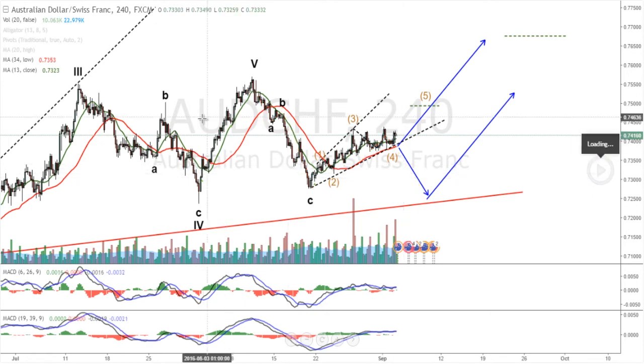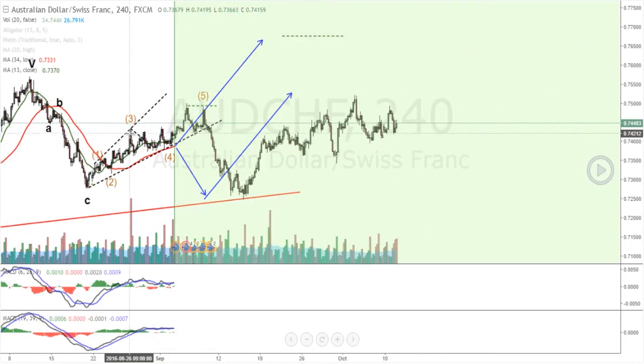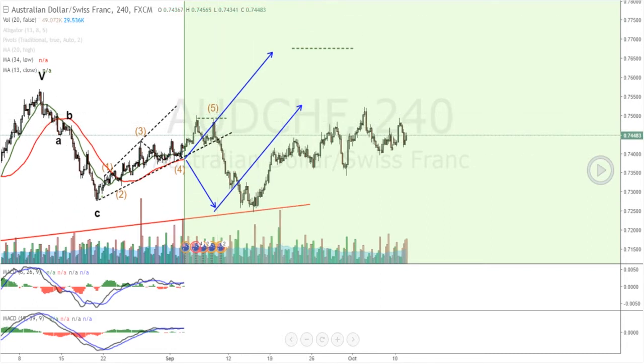What happened was, in fact, the ABC was this ABC. So if you had that channel there, this would be a nice area hitting the trend line.